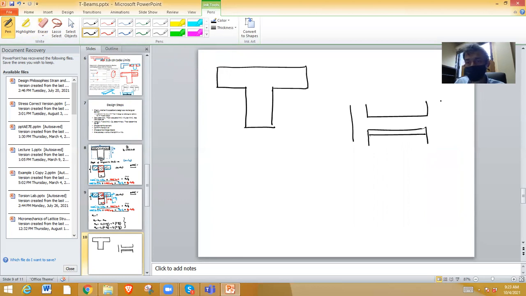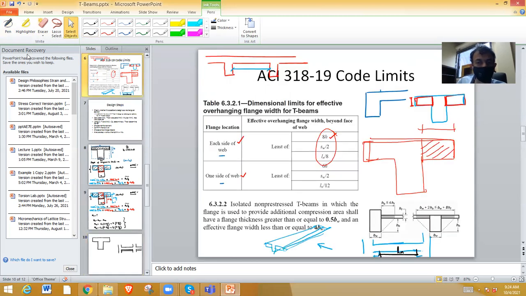So this is the T-beam. This is the web of the T-beam, and this is the slab which forms the flanges of the T-beam, and these are the columns. Of course, it will not stop there. Here I had to change it a bit.